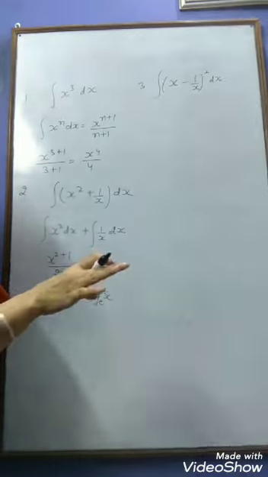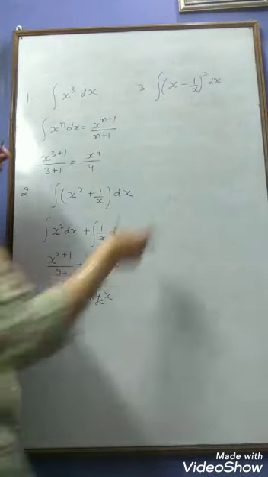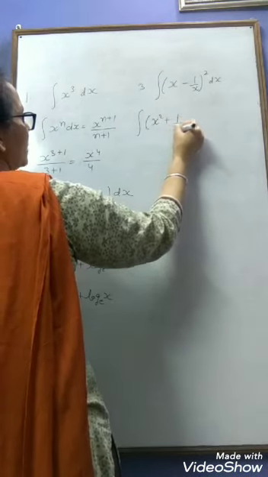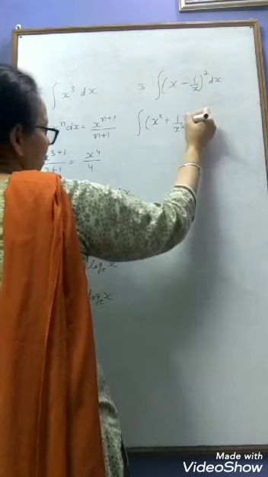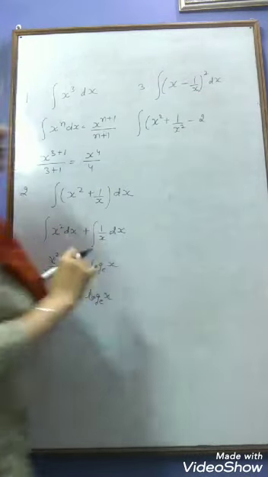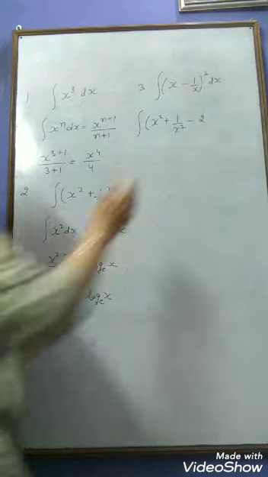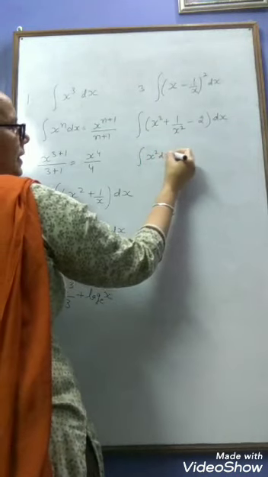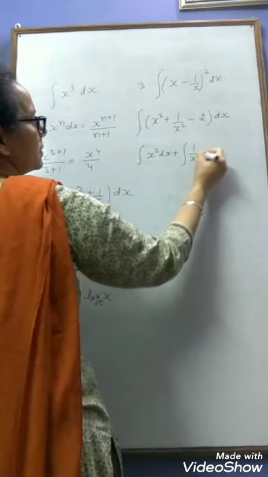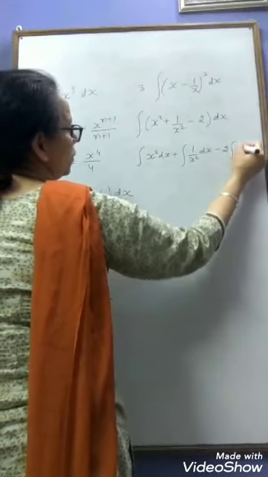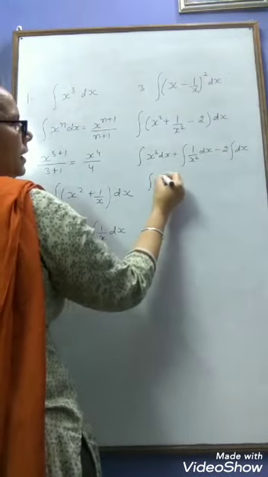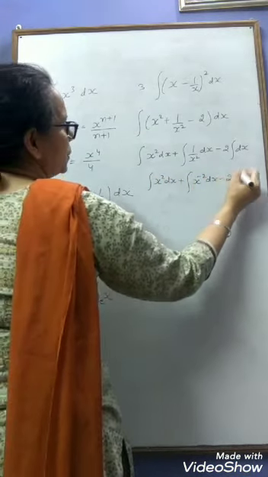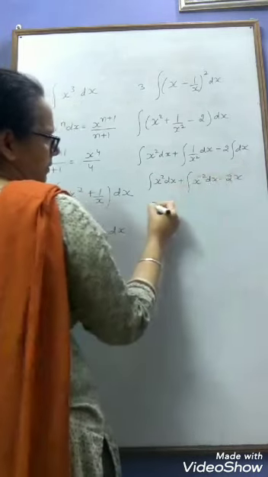Now we have the method u^n, but simply you solve this: a^2 + b^2 minus 2ab, that is 2, x into 1 by x means 2 dx. Then x^2 dx plus 1 upon x^2 dx minus 2 dx.